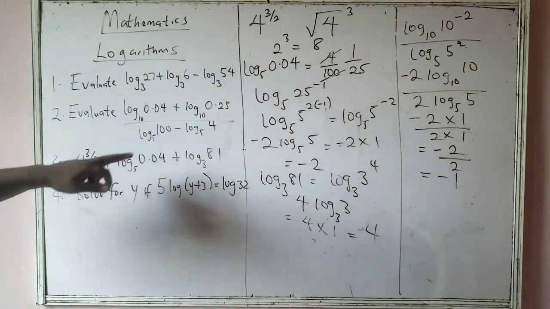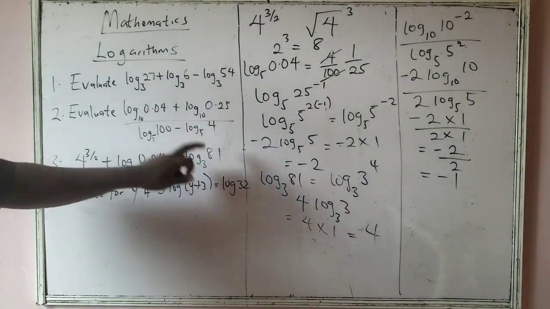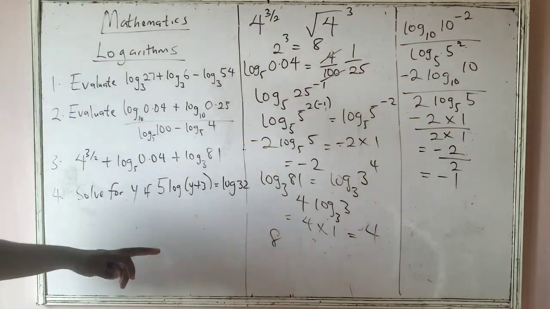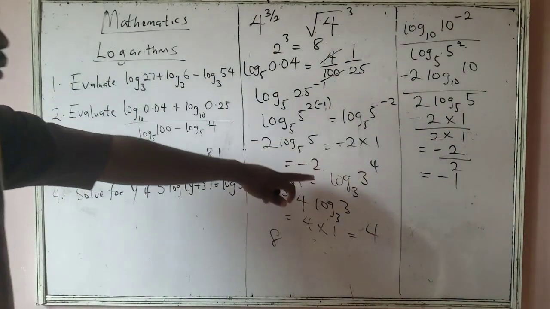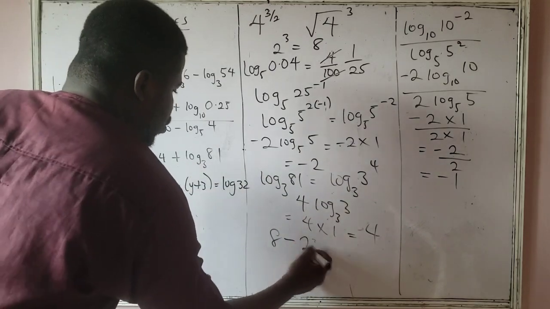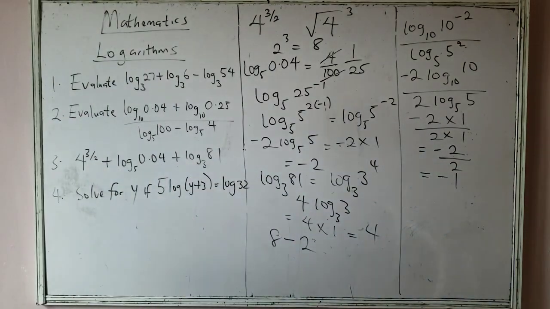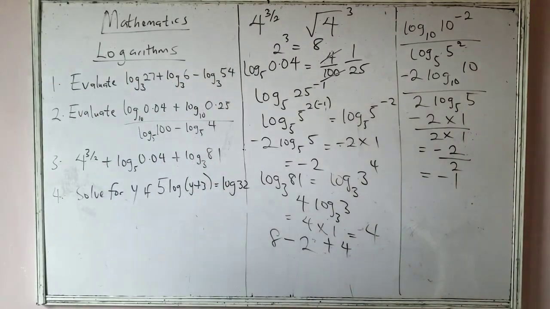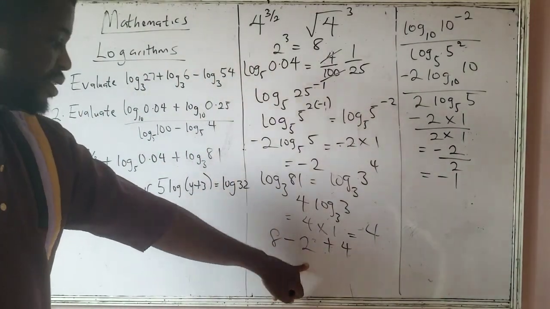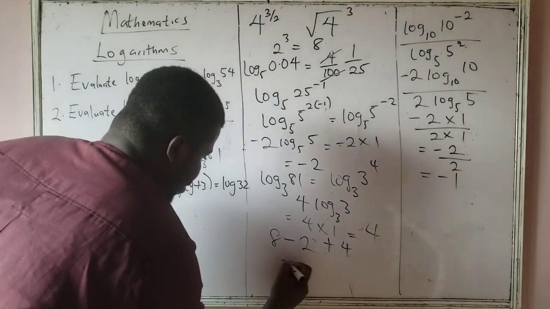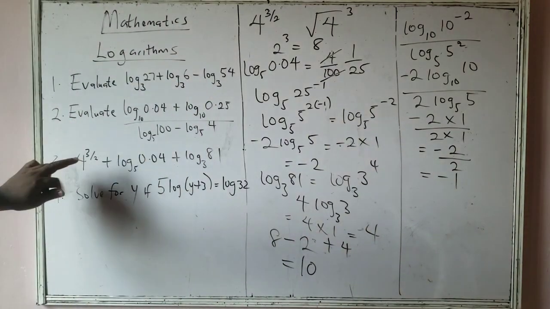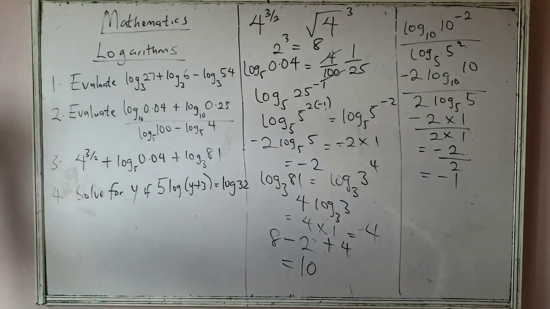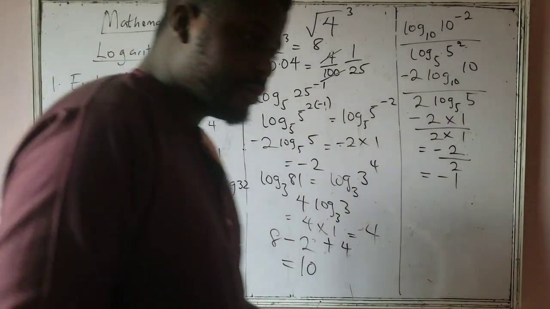So we now add this one and this one together. So this is 8 plus, 8 minus 2 plus 4. So what is 8 minus 2? That's 6. 6 plus 4 is 10. So the answer for number 3 is 10. Very simple.